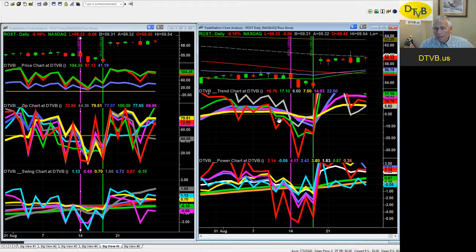Keep in mind, a downtrend starts when trend red crosses under green. And so trend red crossed under trend green 3 days ago, and on the pink vertical line day, it did go down that day, but then it really goes down the following day.